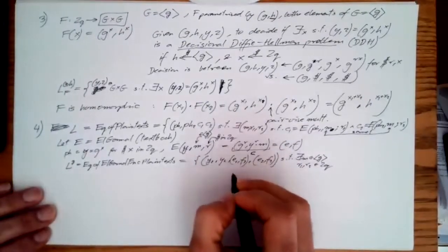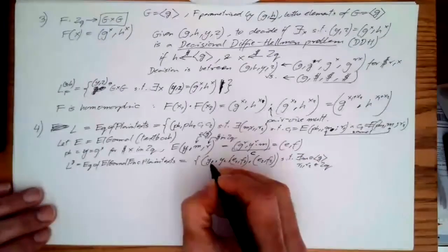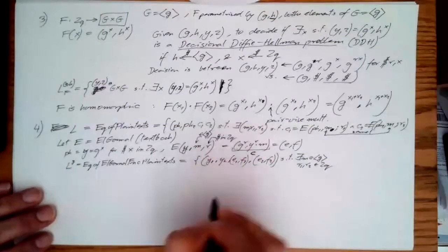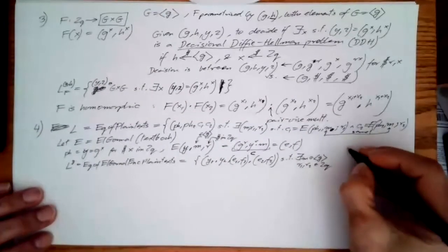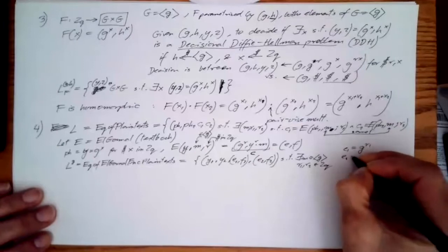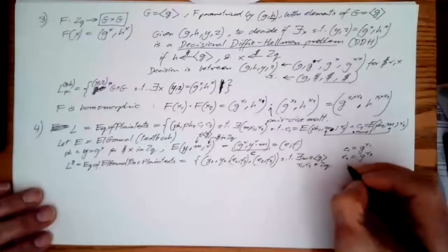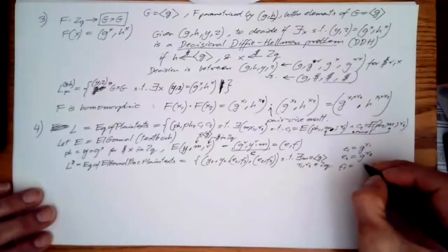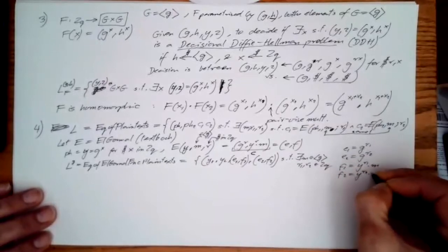Okay, such that, what equations do I have? e1 is g to the r1, e2 is g to the r2, and f1 is y to the r1 times m, f2 is y to the r2 times m.